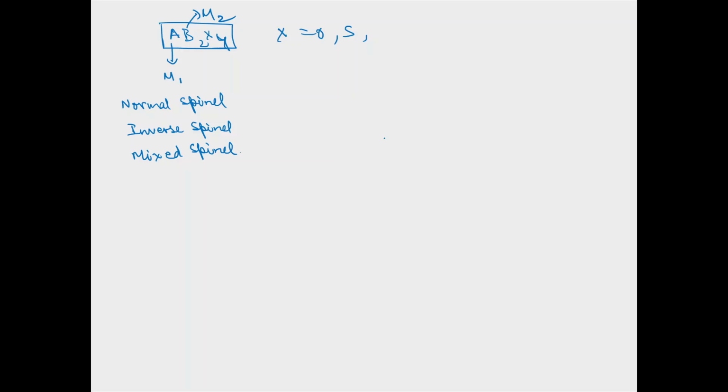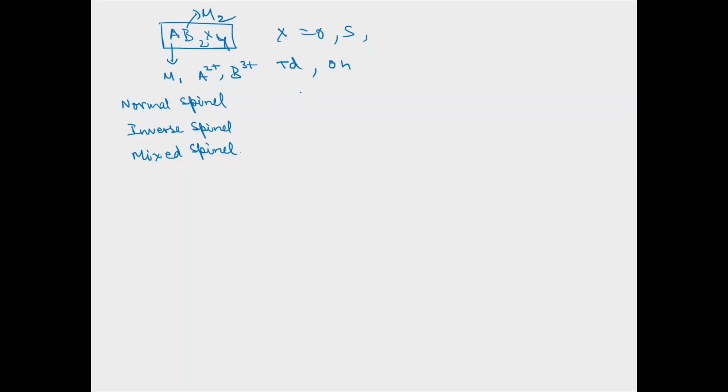Okay. So what is the criteria? How can we find out which molecule will have a normal spinel structure and which one will have inverse spinel? In this complex there are tetrahedral and octahedral voids. Here A is present in +2 oxidation state and B is present in +3 oxidation state.